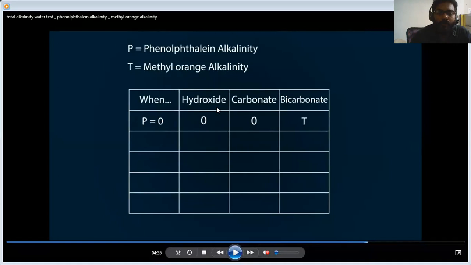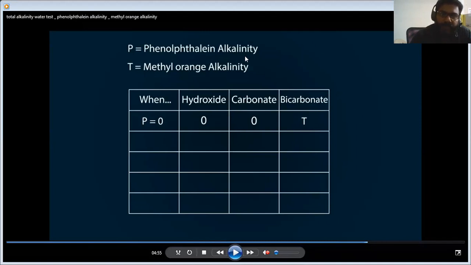Hydroxide means OH minus, carbonate is CO3 2 minus, and bicarbonate is HCO3 minus. Bicarbonates, hydroxides and carbonates are responsible for alkalinity. Alkalinity is nothing but the base nature of water.